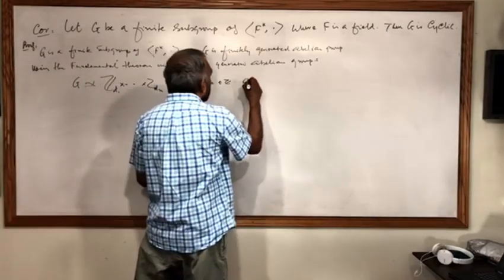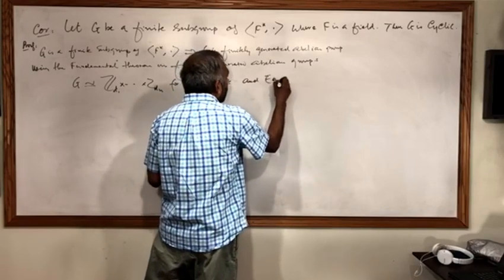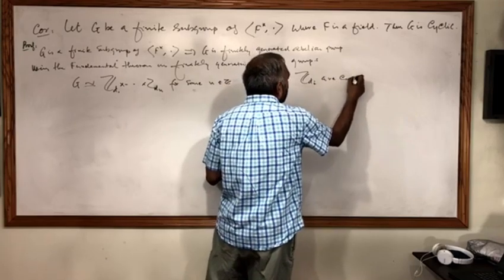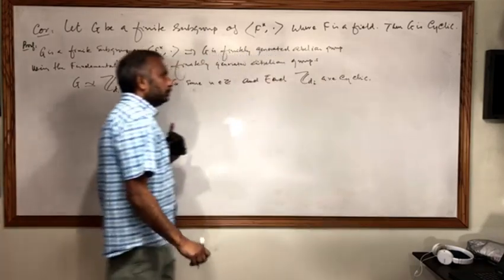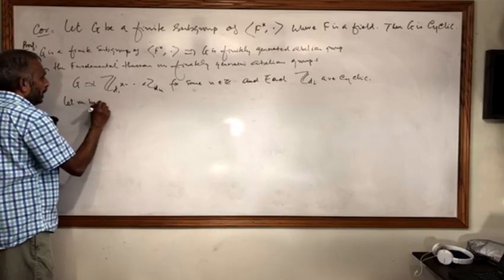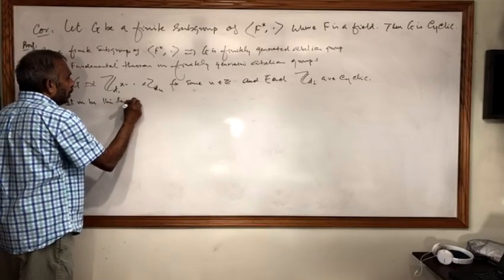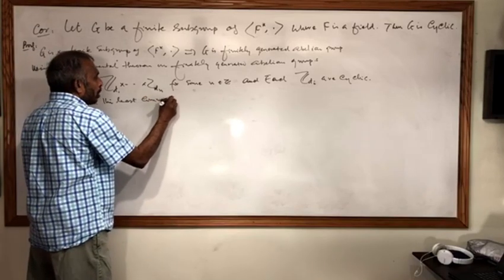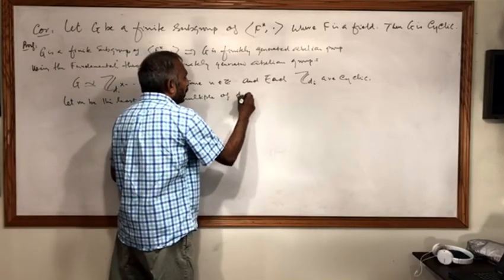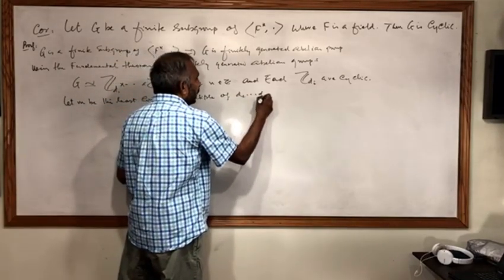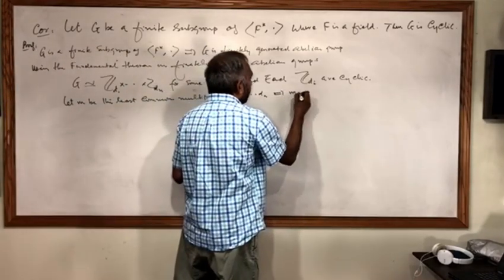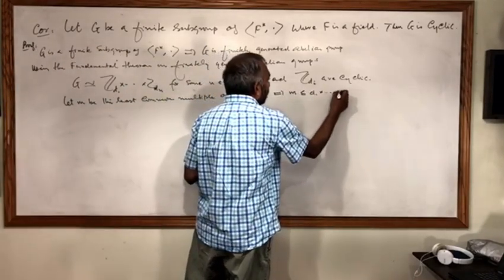And each Z_di is cyclic. Now what we will do is let m be the least common multiple of d1, ..., dn, and that implies m is less than or equal to d1 ... dn.